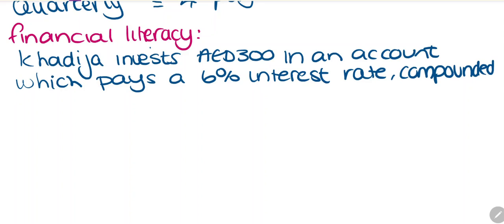Now, this could be monthly, weekly, quarterly. So we're going to have a look at what happens if it's compounded quarterly.